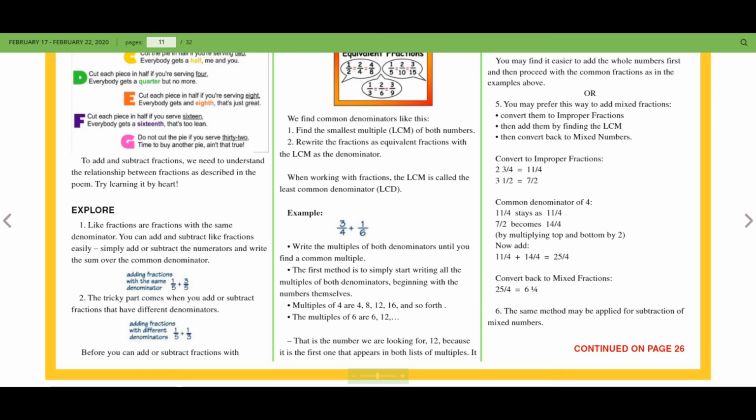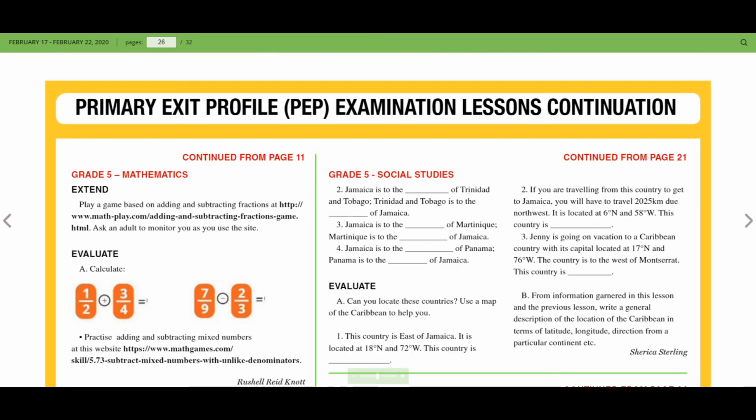So now we're going to go to page 26 to see what they have to say. And it says here now, extend, play a game based on adding and subtracting fractions at http://www.mathplay.com/adding and subtracting fractions game.html, and ask an adult to monitor you as you use the site.